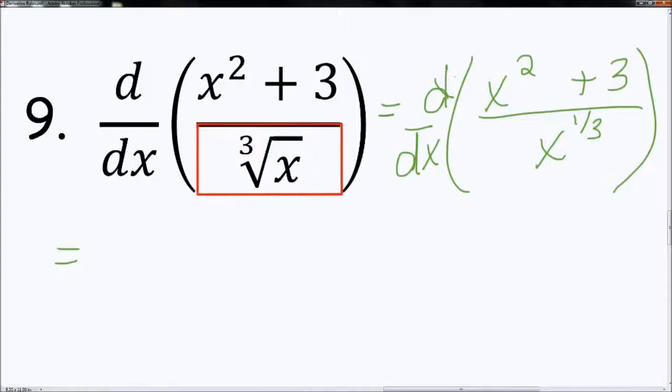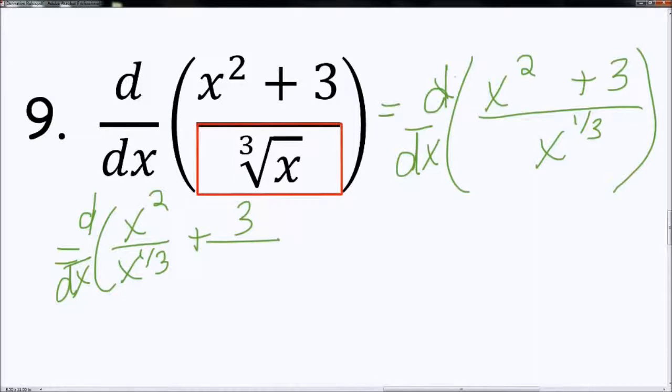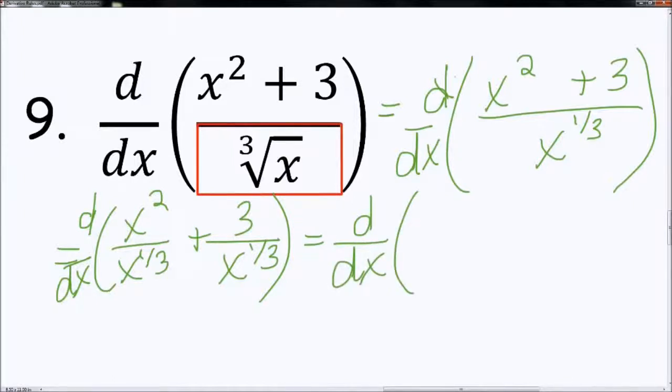And so that would be equal to d/dx of x squared over x to the 1/3 plus 3 over x to the 1/3, which is equal to d/dx of, okay, so I can simplify these two. So I would just subtract my two exponents.